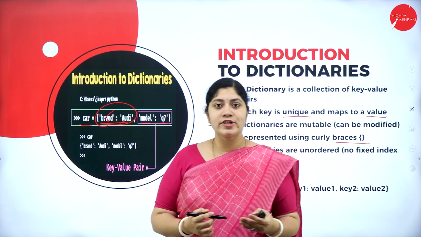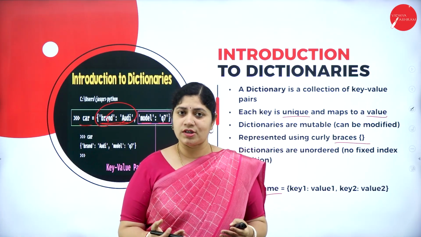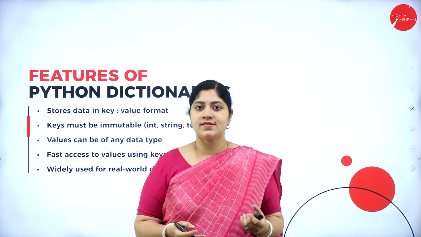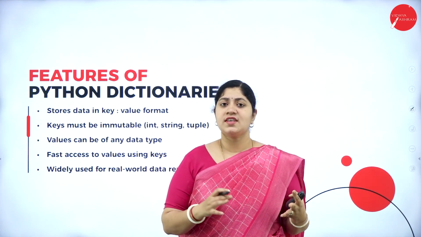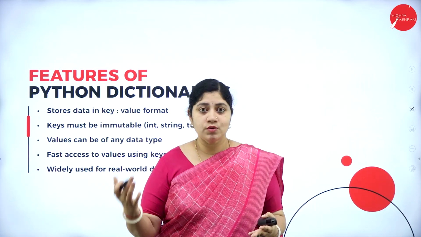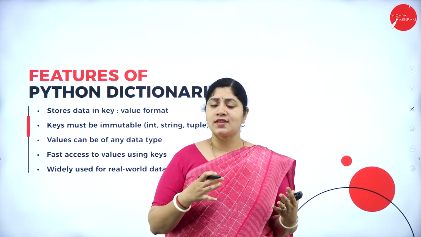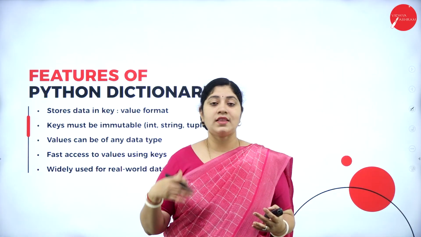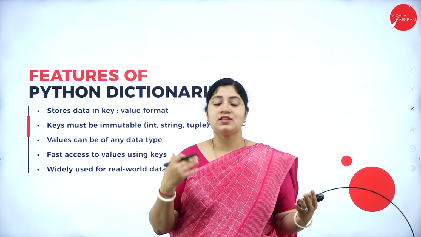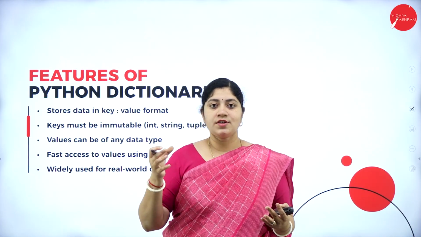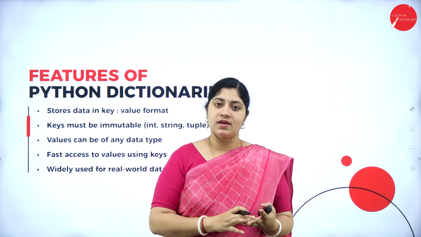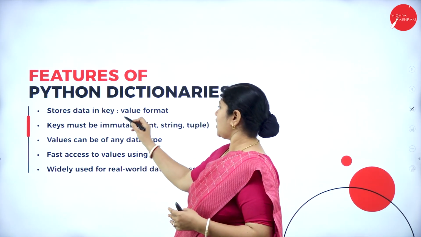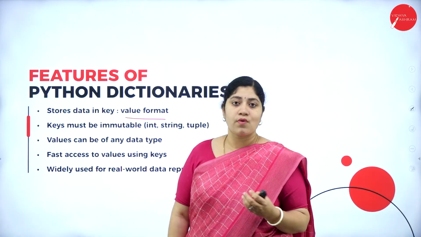Now, as we understood that dictionaries are important, let's move forward and understand the features of dictionaries. We know that it is mutable, that is, the values that we define can be changed. The second feature is that it stores the data inside a key, in a key value format.